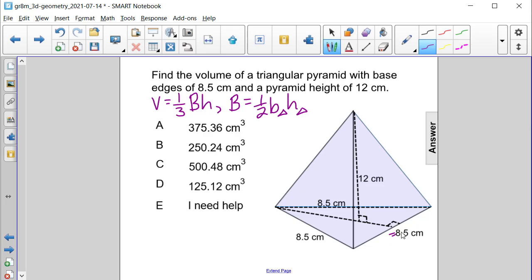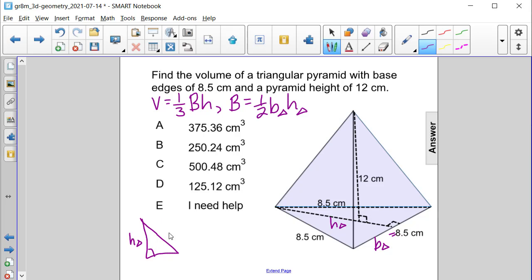So the base of this triangle is 8.5 centimeters, but we don't know the height of this triangle. But we can figure it out with the Pythagorean theorem because we have a right triangle in the bottom. We're looking for the height of this triangle.